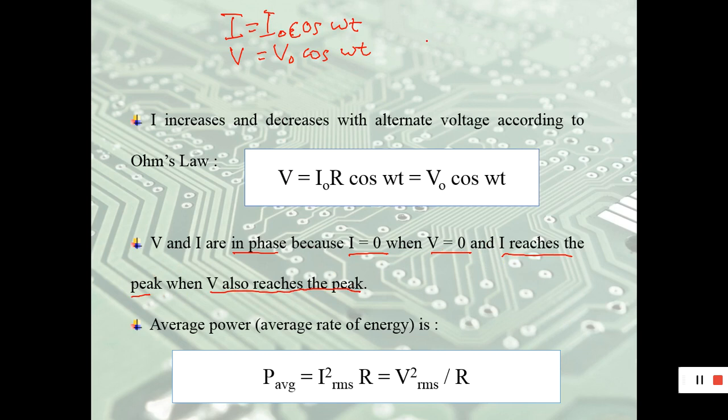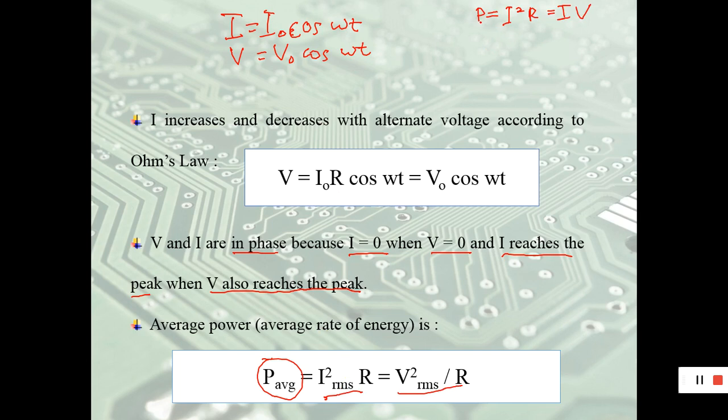Then for the power, the average power, P average will be I squared RMS times R, or V squared RMS over R. We know that P is I squared R, or P equals IV.